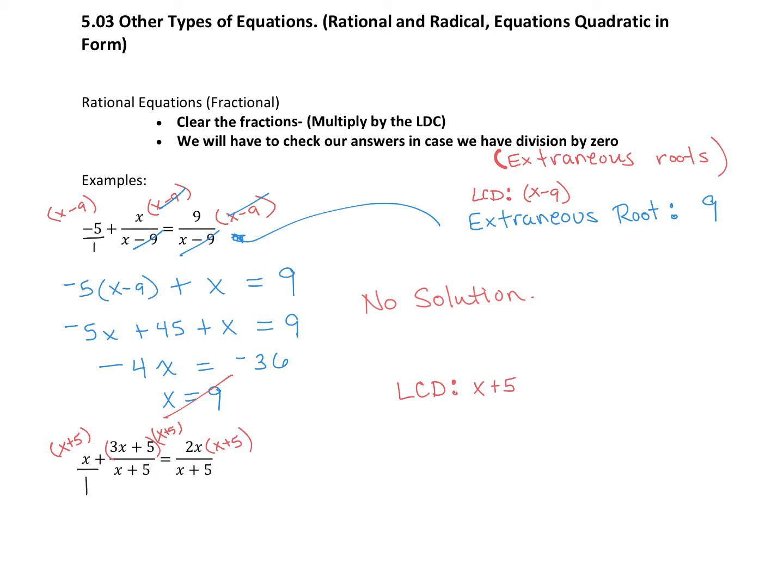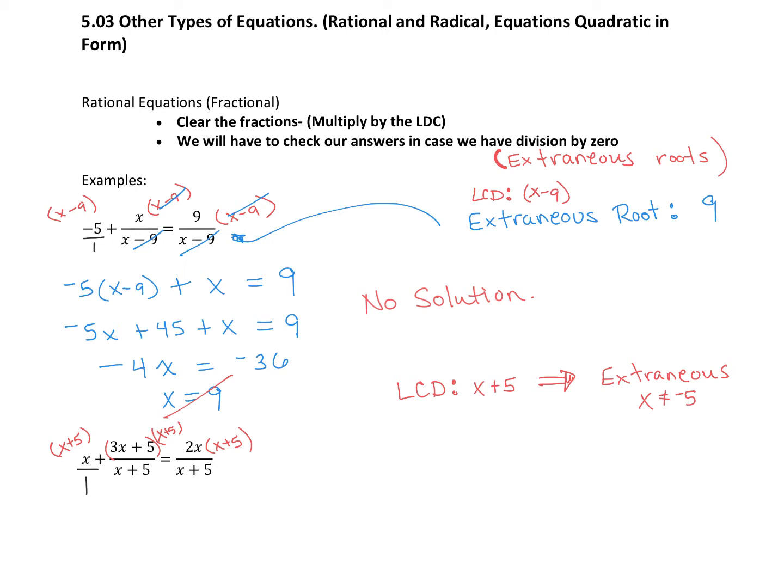And by the way, with our least common denominator being x plus 5, we can tell that our extraneous solution would be x equaling negative 5. So we know if I get negative 5 as a solution, I have to toss it out. So we'll just see what happens here.